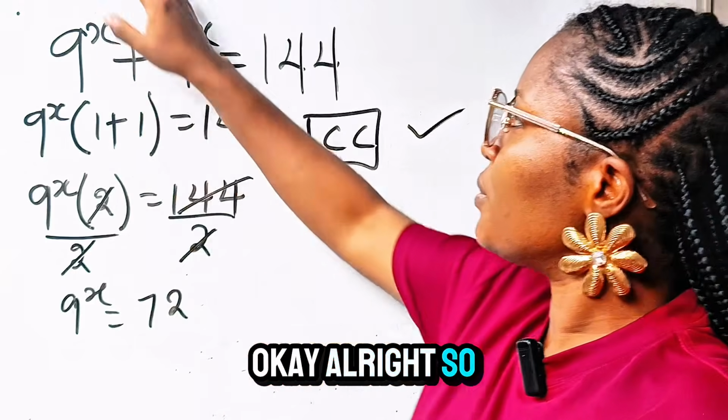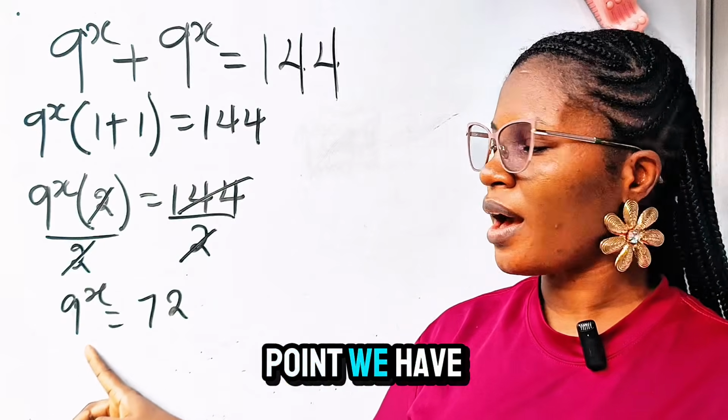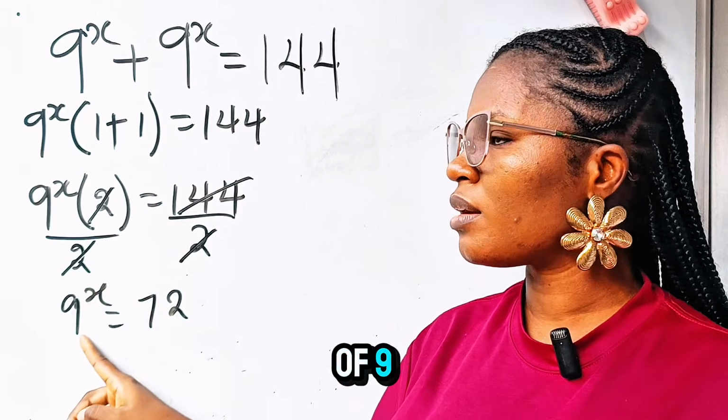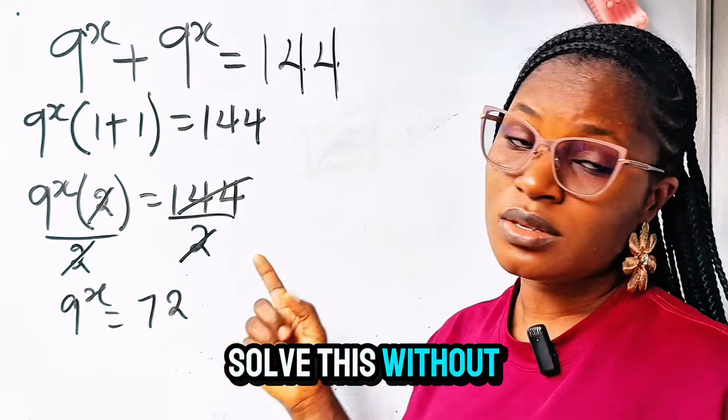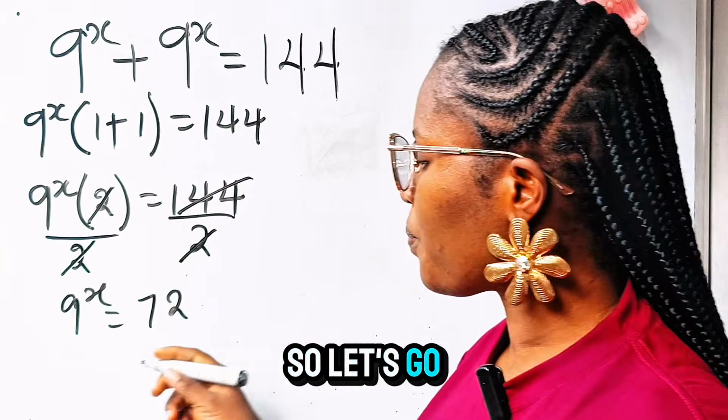Alright. So now let's continue. At this point we have x as the power of 9, meaning that we cannot solve this without introducing log to both sides of this equation. So let's go.